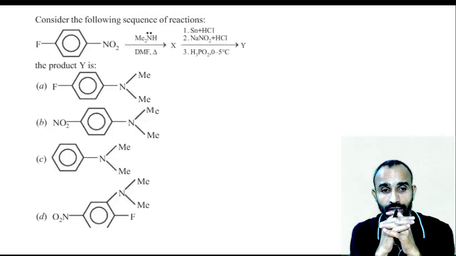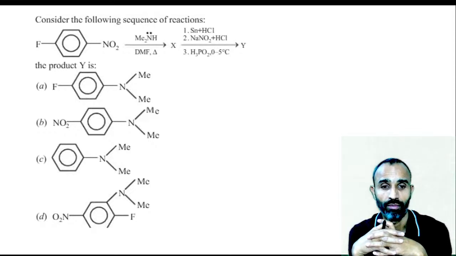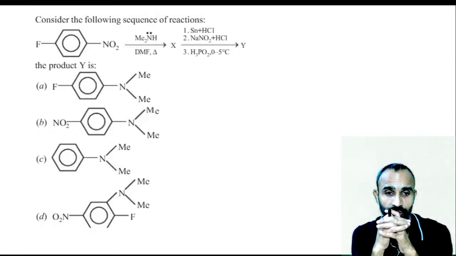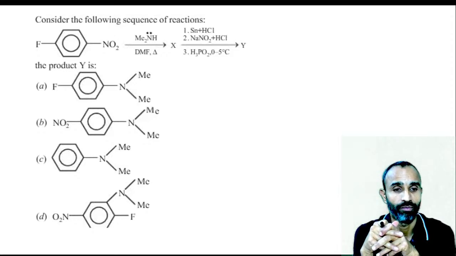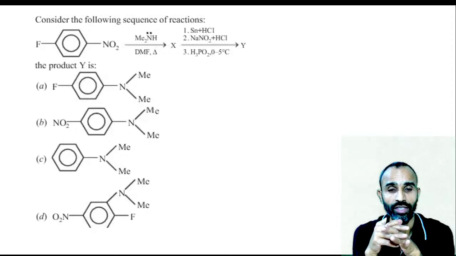Then X is formed, and that X, when treated with Sn plus HCl, is then treated with NaNO2/HCl, and at the end H3PO2 at 0 to 5 degrees.